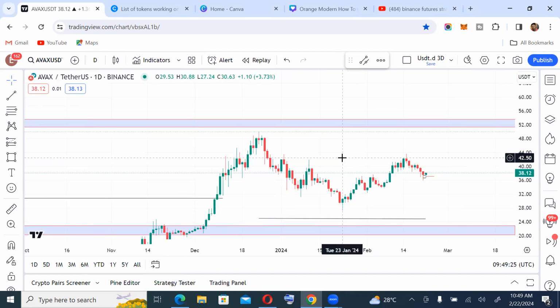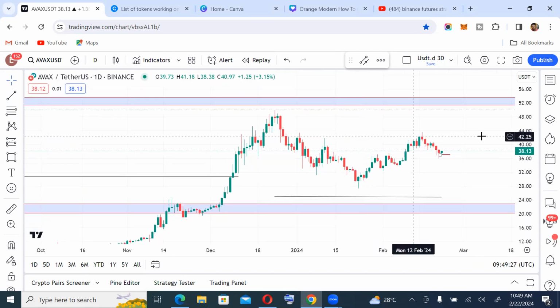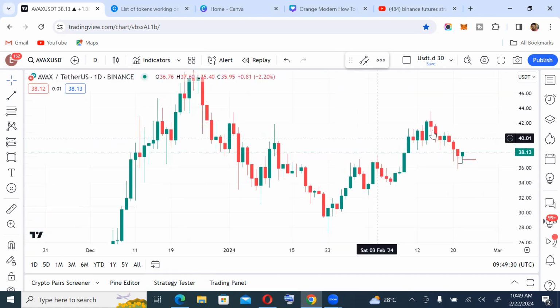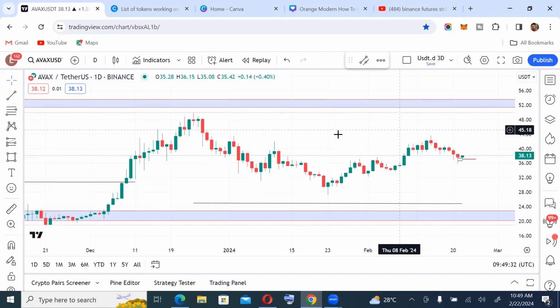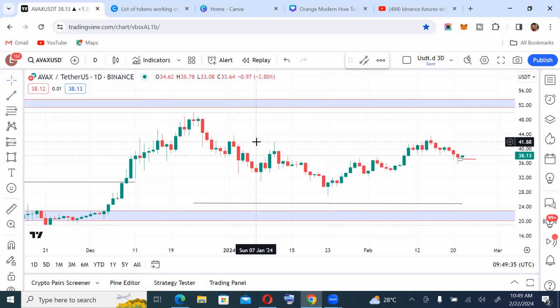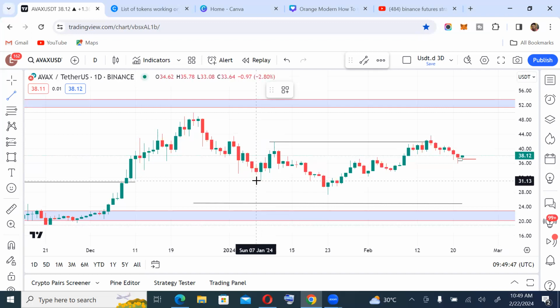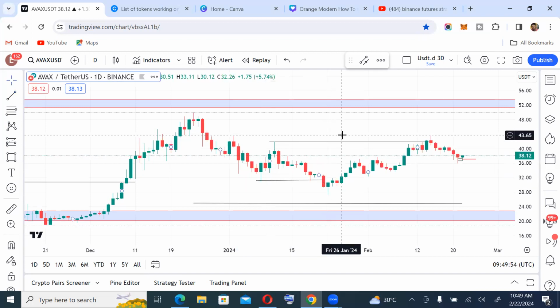Can you see that at this point on the daily time frame, we're having a current change of character here, and obviously liquidity has been swept. So an established trend has been set for us, ready to play out on the daily time frame.